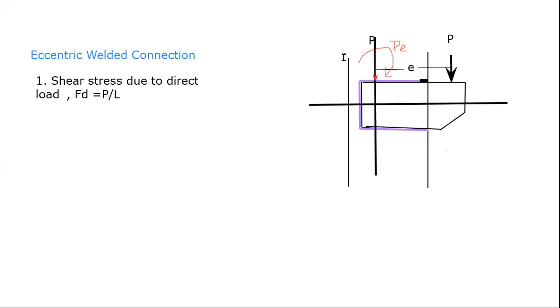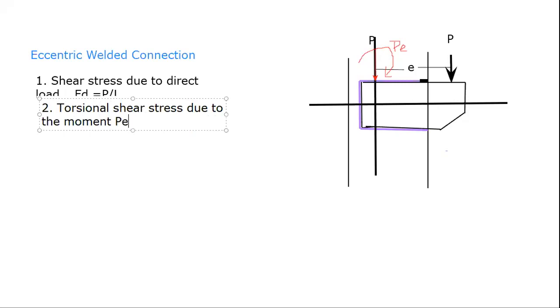And the second one, which is acting due to this bending moment, is my torsional shear stress. The second loading is my torsional shear stress due to the moment PE.